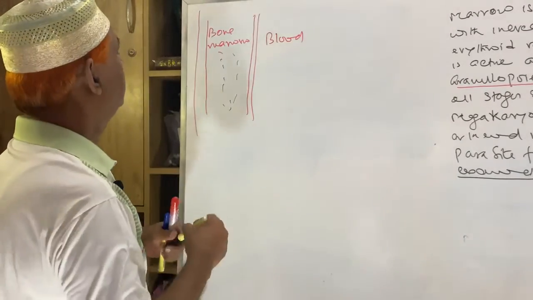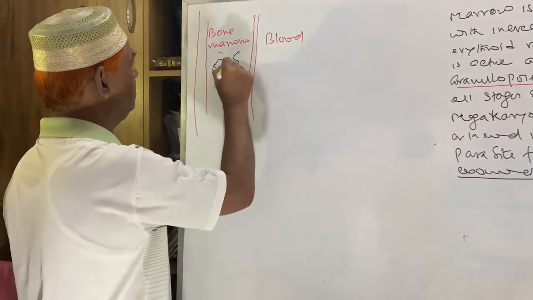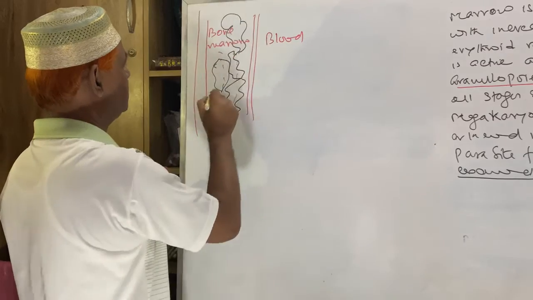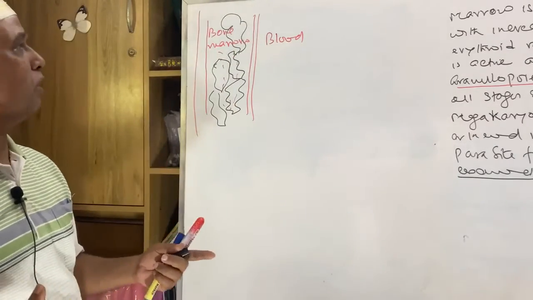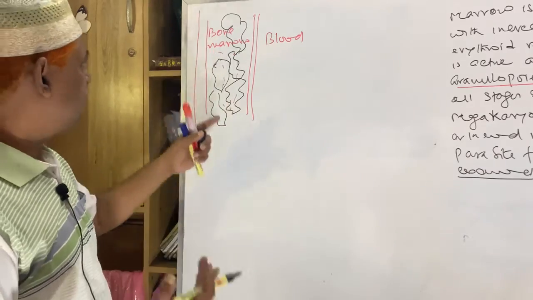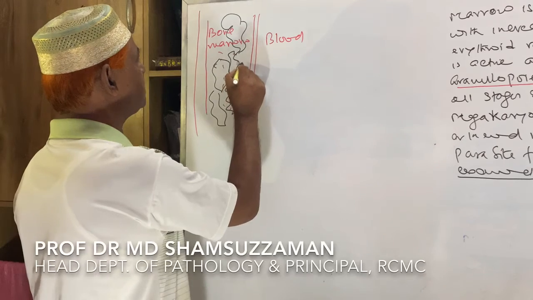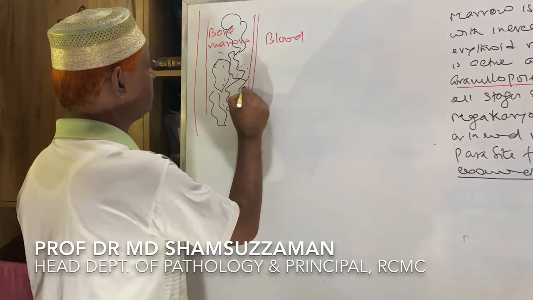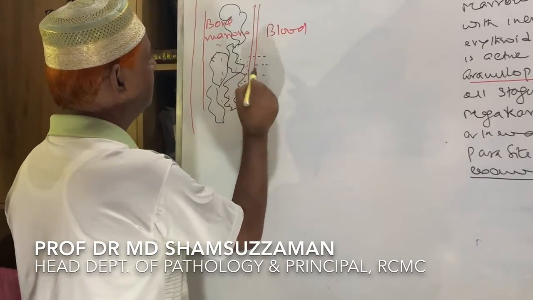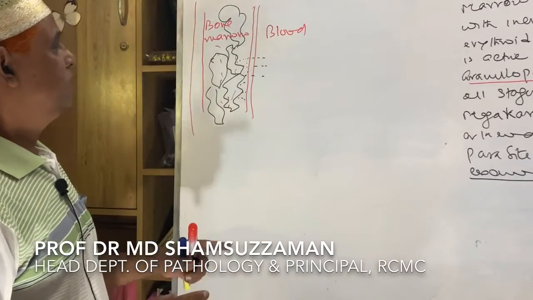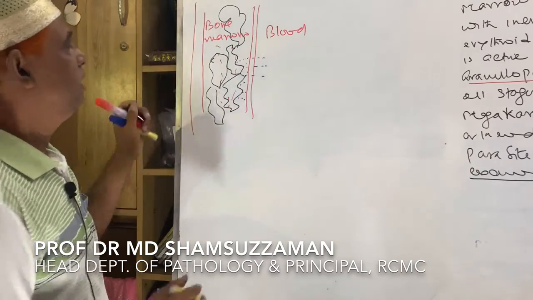Here we are getting an adequate or increased number of megakaryocytes within the marrow. You know, from the megakaryocytes platelets are formed by the budding process, and platelets are coming into the blood.